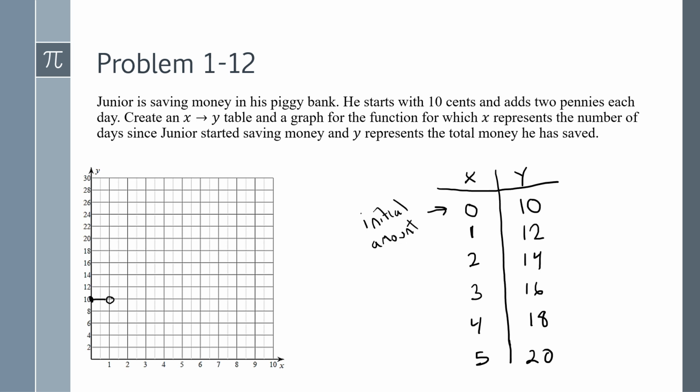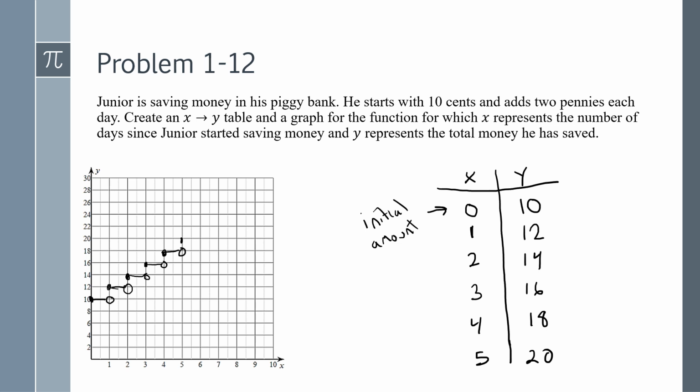And then on day 1, he goes up to 12. And he stays there the whole day. Then he goes up the next day to 14, and up here. This keeps happening every day. He goes up 2 units, 2 cents, every day.